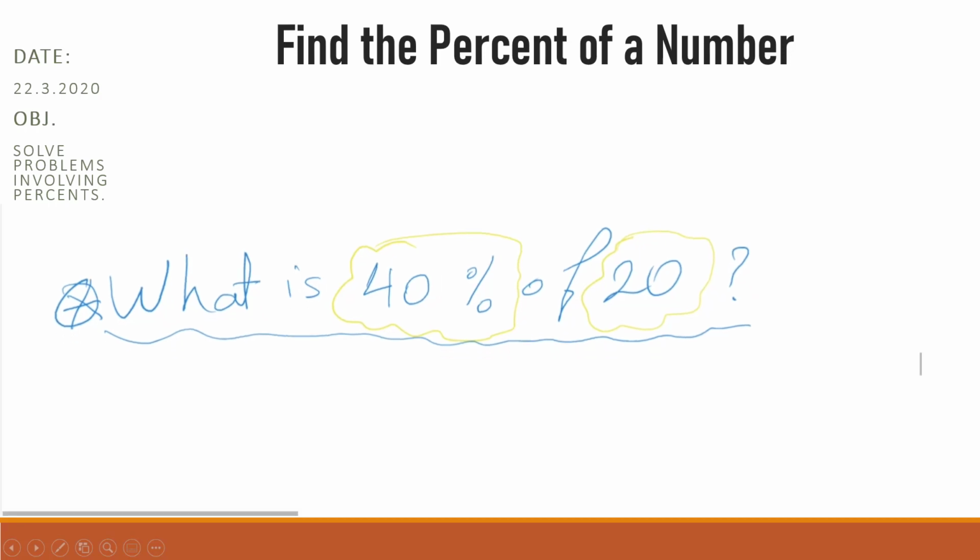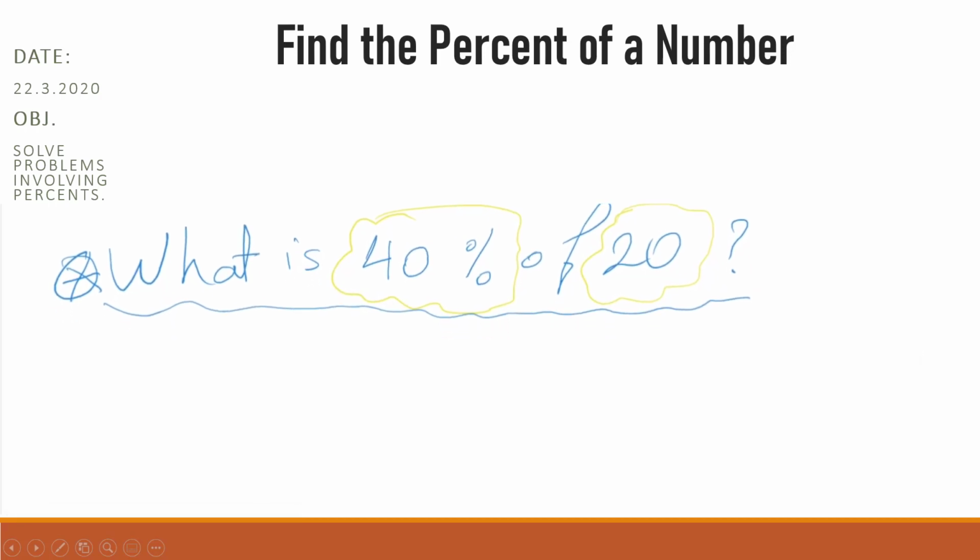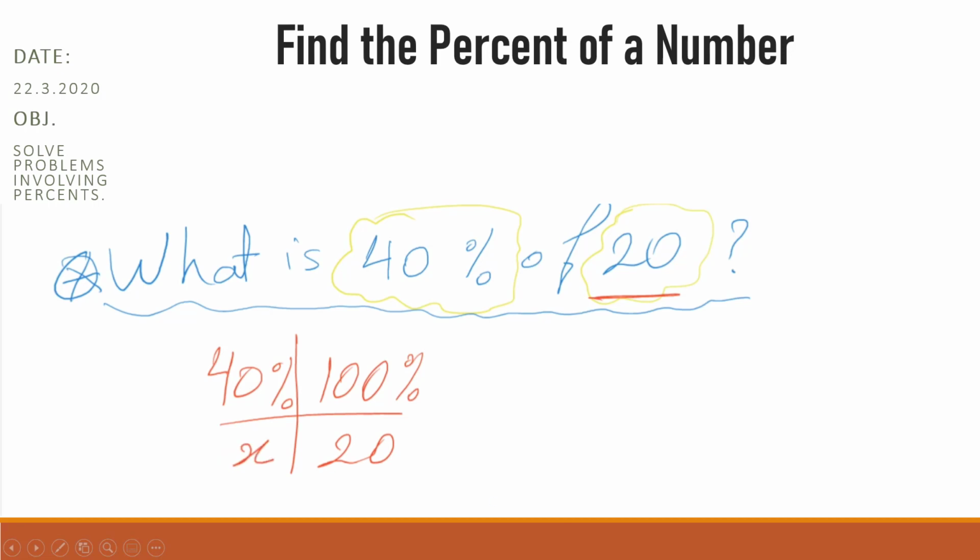Let's see the answer. Use the table again. 40%, 100%, and 20 is the total. I have here any letter, any unknown.